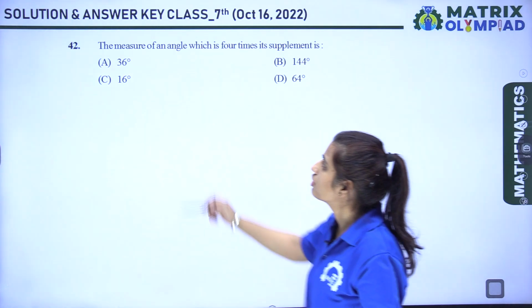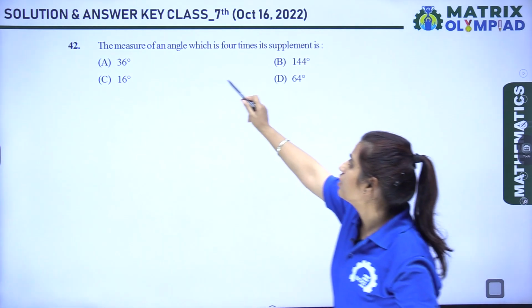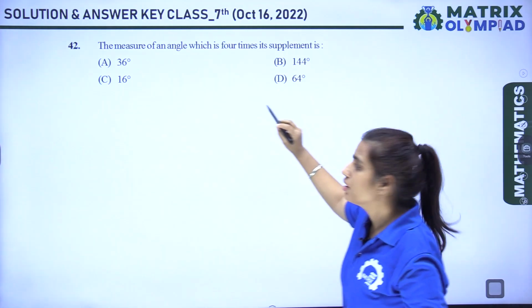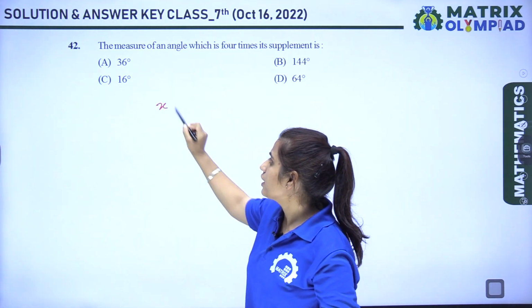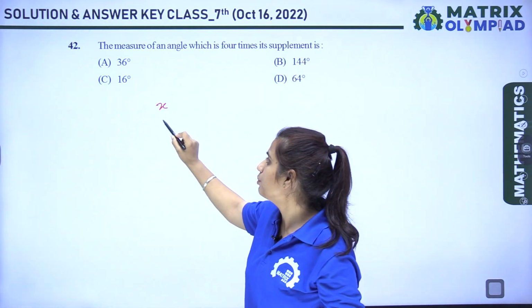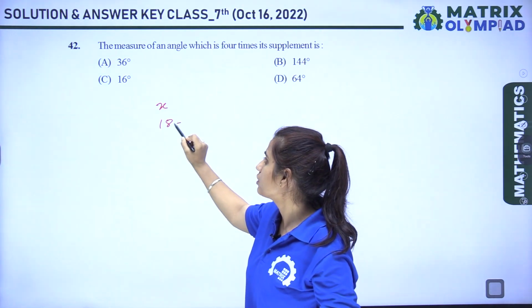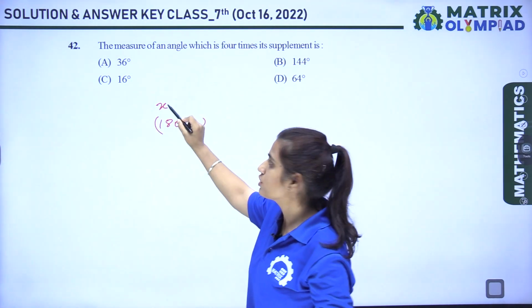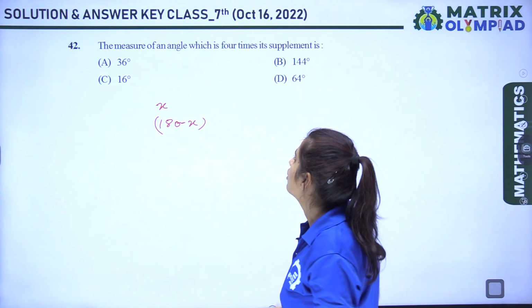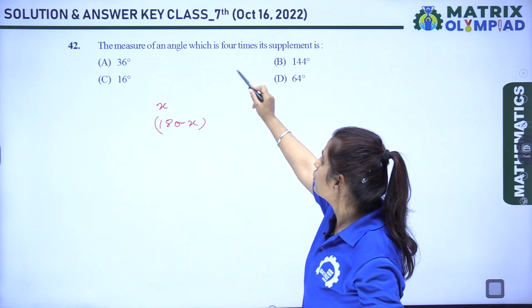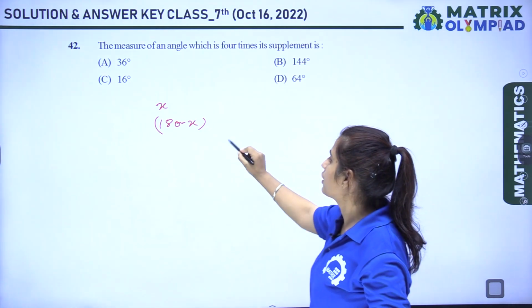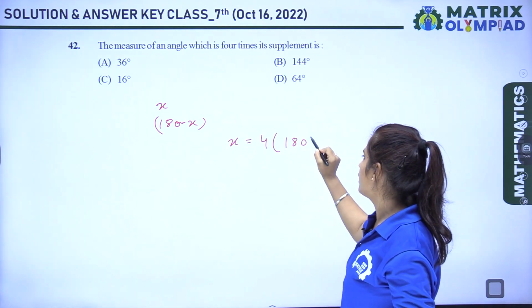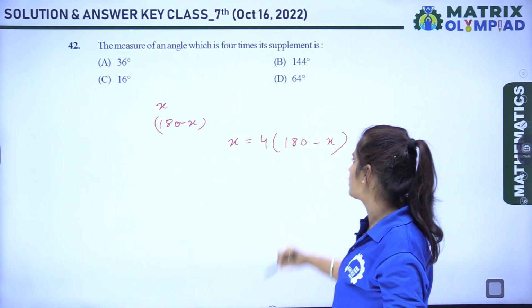Next is the measure of an angle which is 4 times its supplement. If one angle is x, the supplement of that angle will be 180 minus x. So this is the first angle and this is the second angle. So here it is written that it is 4 times its supplement, meaning x equal to 4 times (180 degrees minus x).